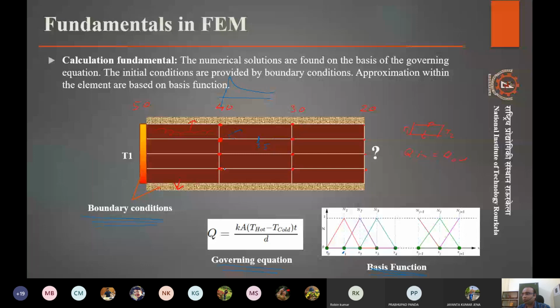And how we divide the geometry, so basically discretization, meshing. These four conditions or processes that we go through are the basis of the finite element method. So for any kind of analysis, we follow all these things.